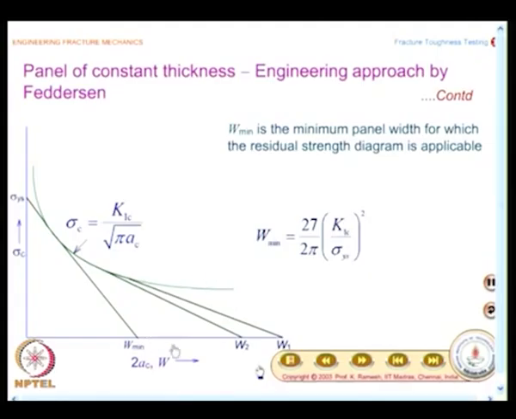Now, the important aspect we have to look at is, is it justifiable? See, whenever people bring in any empirical approaches, the only way you can justify it is to conduct actual tests and see whether your test results follow this pattern. As long as it follows, you are happy to accept this as an engineering analysis, and people have got this.